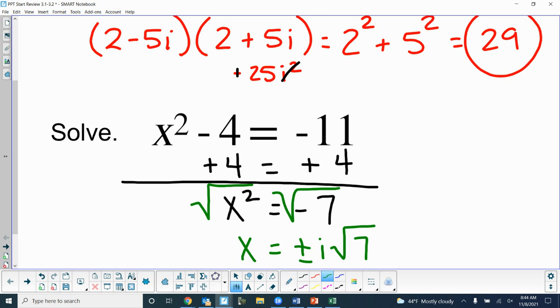So that's the type of problems we worked on Friday, as well as the ones from Thursday we did. So, looking at our homework, any questions on number 3 or number 7, simplifying the radicals?